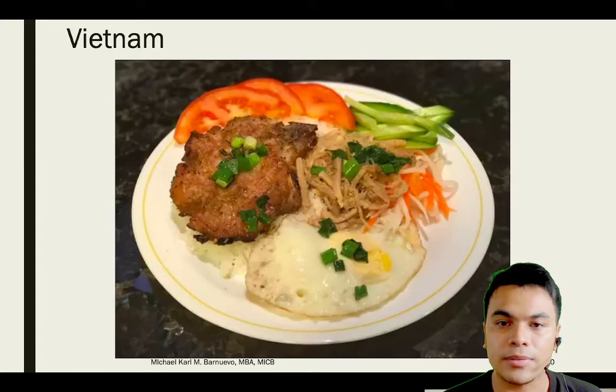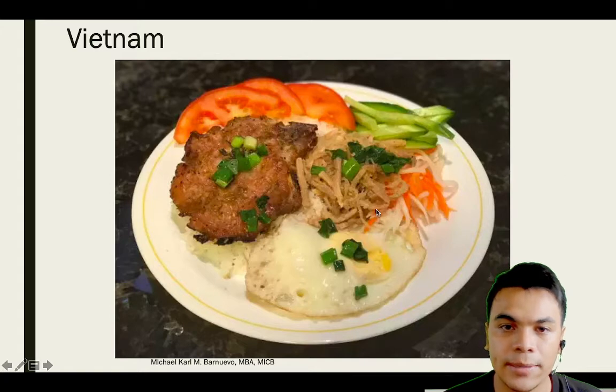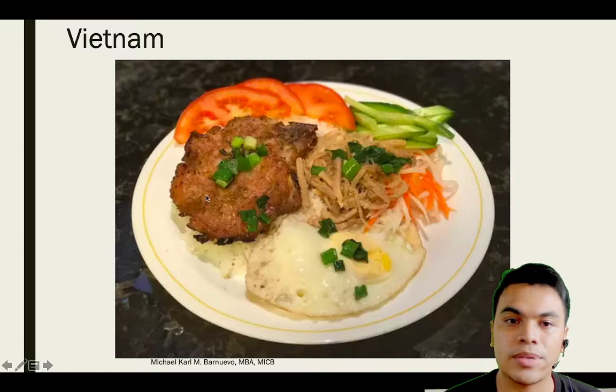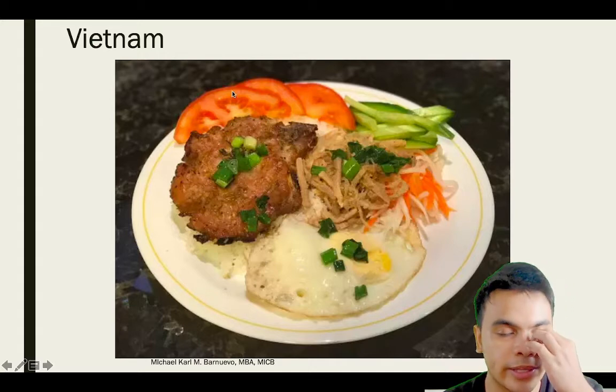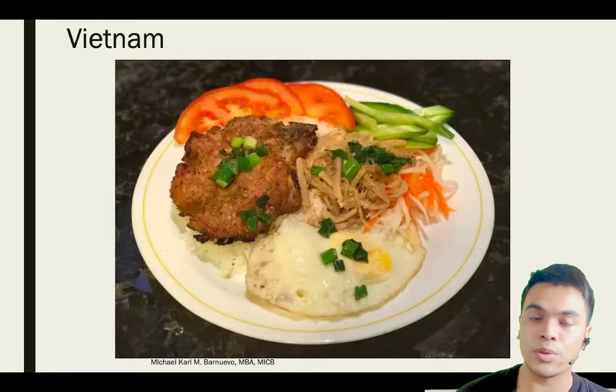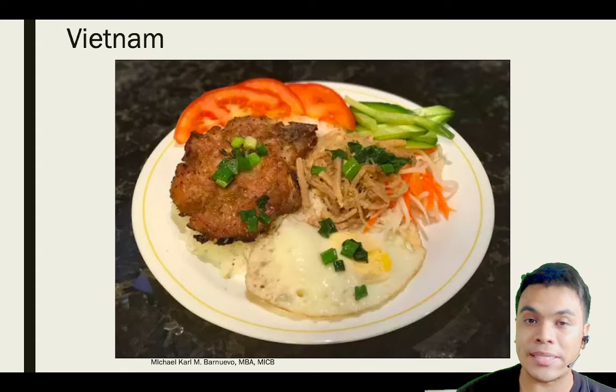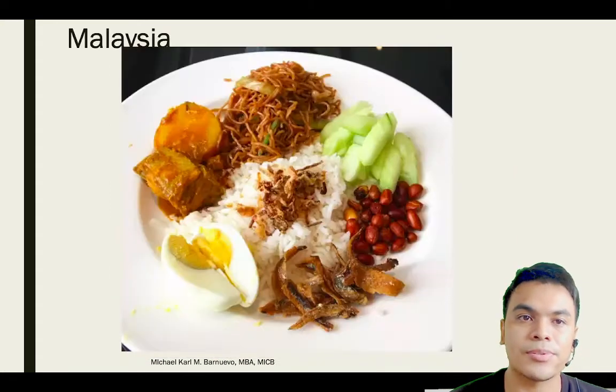In Vietnam, we have their egg, slices of meat, some slices of vegetables, and rice. Since we are already in the Asian countries, we expect rice in their breakfasts.